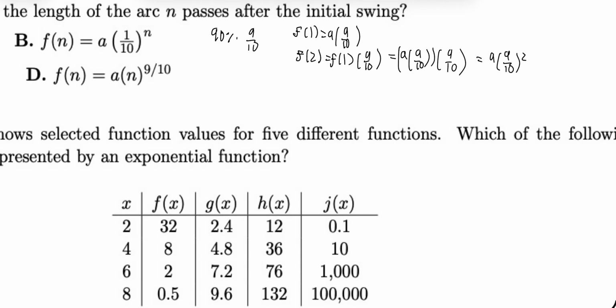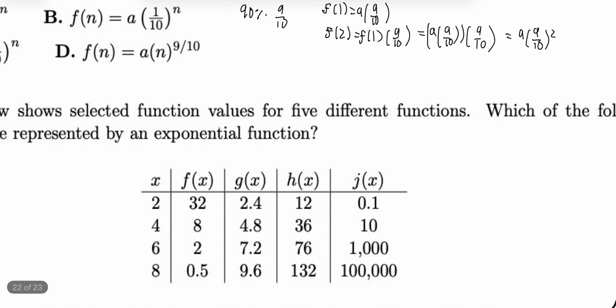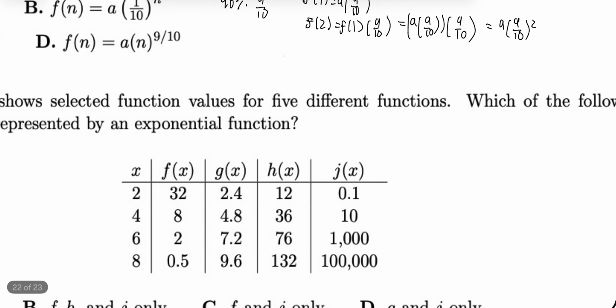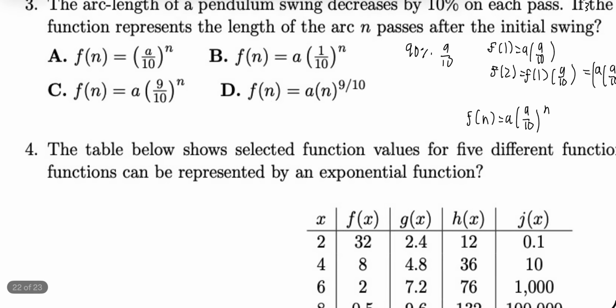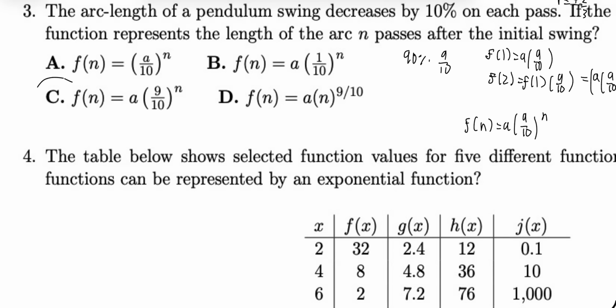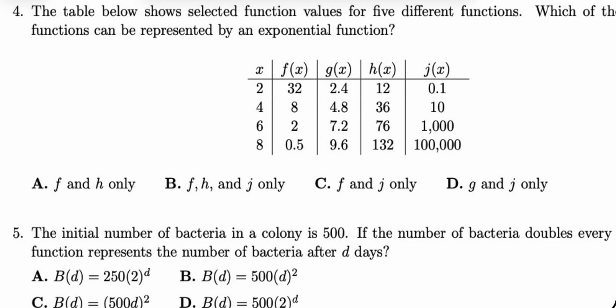If we continue this pattern, the length of the arc n passes after the initial swing, we can write the general form as f of n equals A times 9 over 10 to the power of n. So that's going to be option C here.